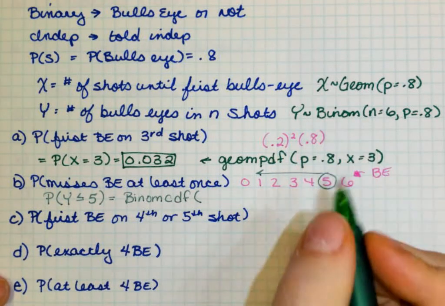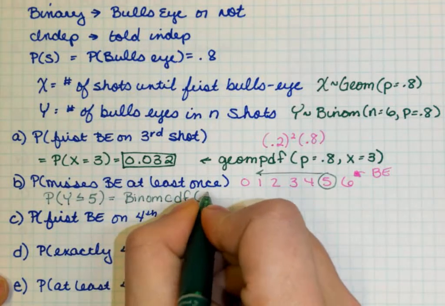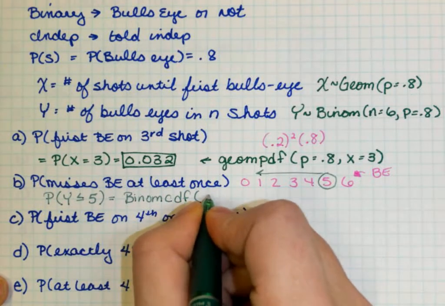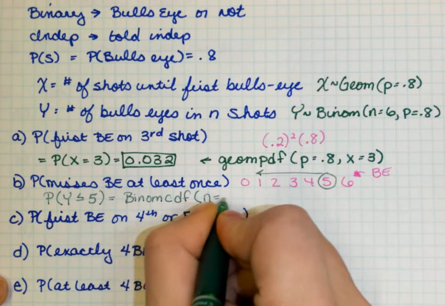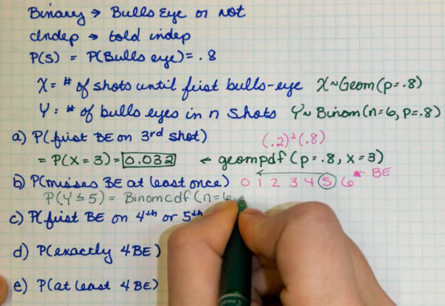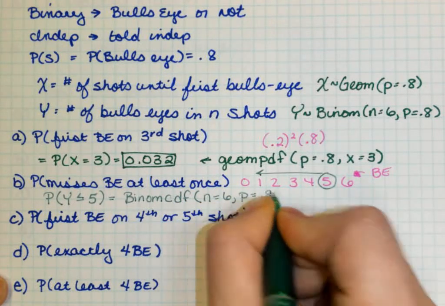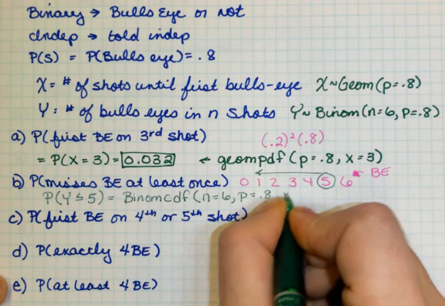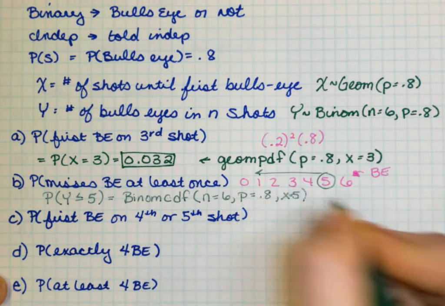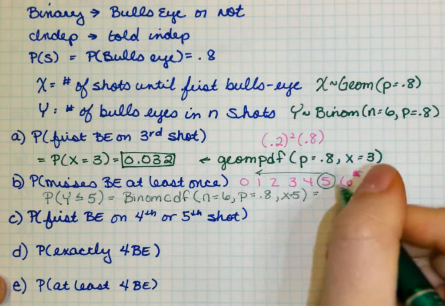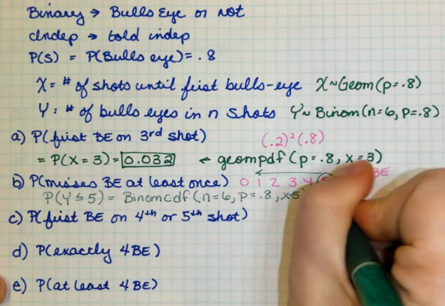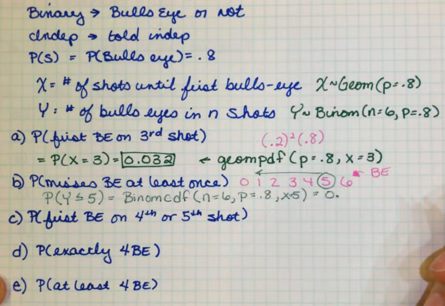It's the same thing. So when I do binomial CDF, what comes first? N is 6. What comes next? P is 0.8. And last but not least is what that number is. So calculate that. Tell me what you get.